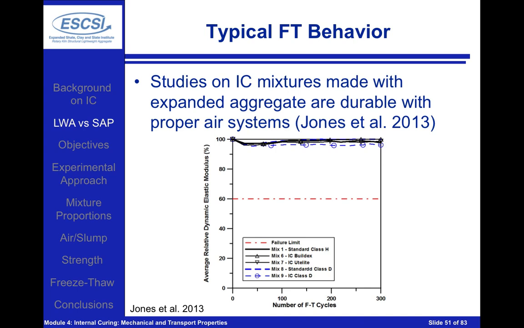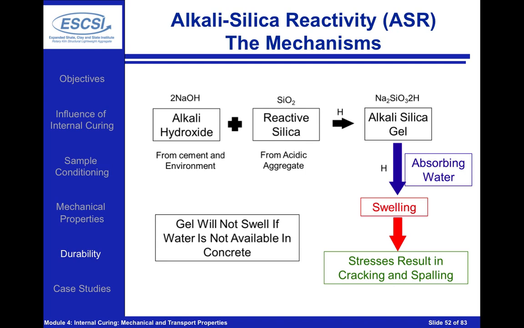The whole idea behind this is that the aggregates themselves are durable, water is pulled out of the aggregates for internal curing, and with a properly air entrained concrete, we're going to see that this behaves very well in freeze-thaw.